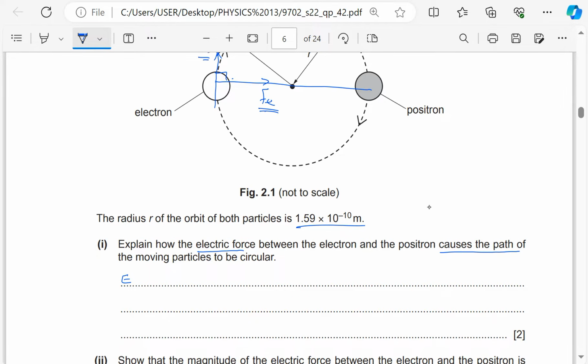So we shall say the electric force is constant and perpendicular to the direction of motion, or to the velocity of the particles.